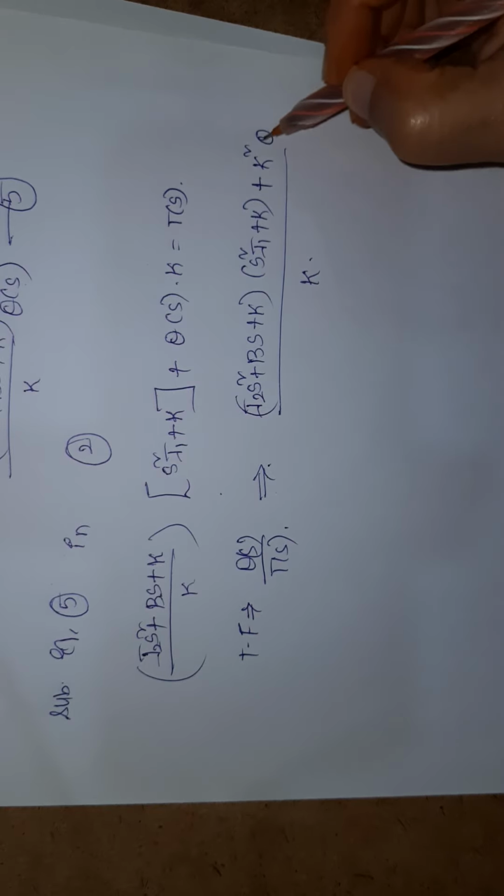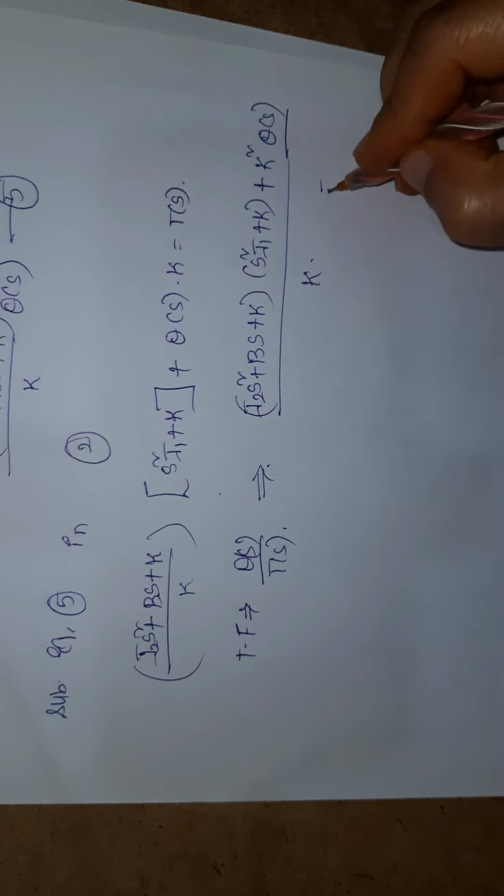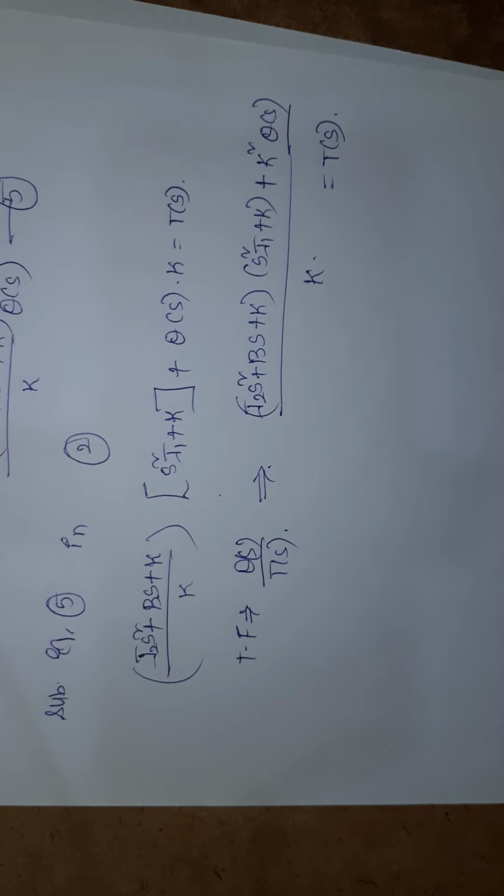So this is k square into theta of s is equal to T of s.